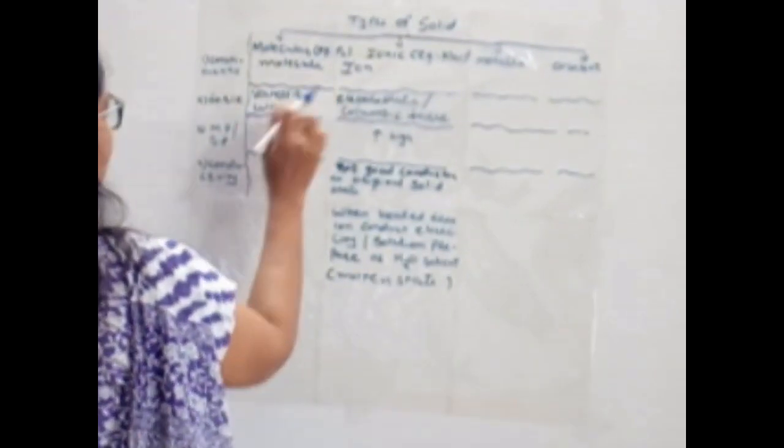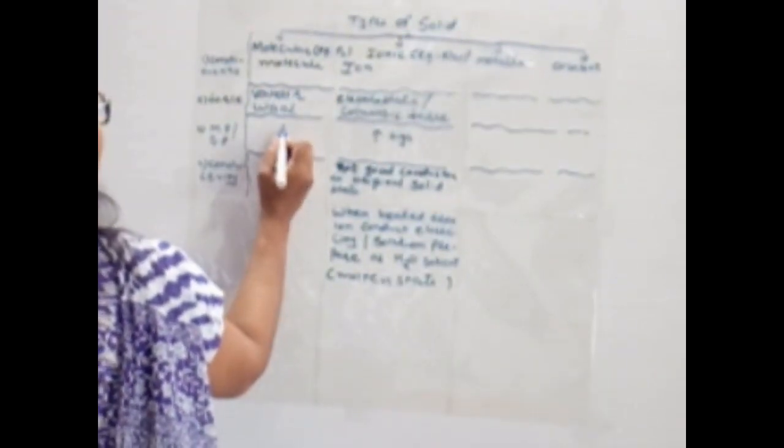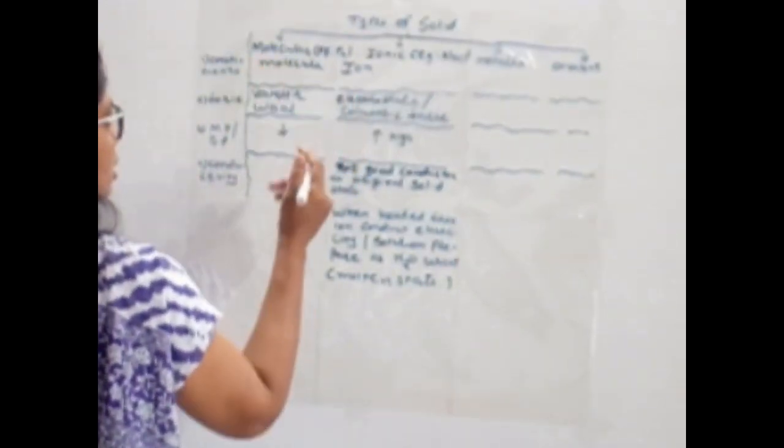Correct? Now, what about the melting point? Here it is a van der Waals force, so melting point is low. And the conductivity. What is the conductivity of the molecular solid?